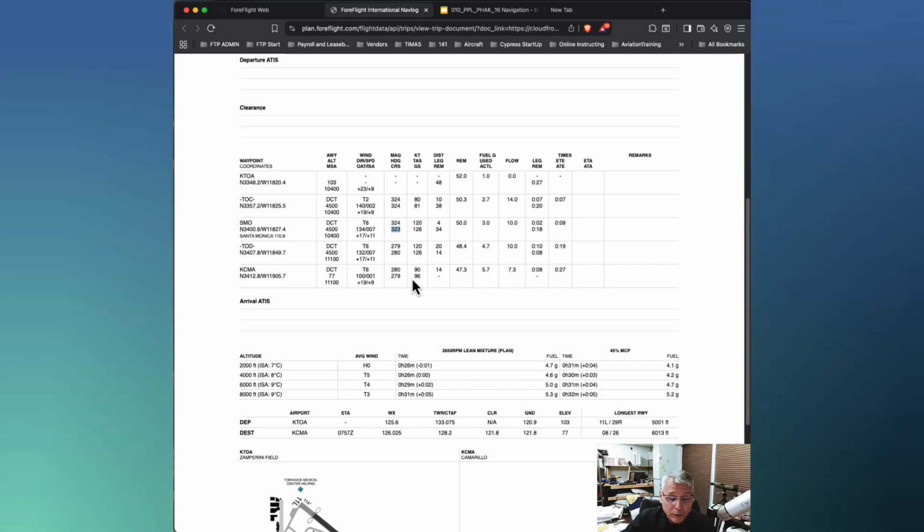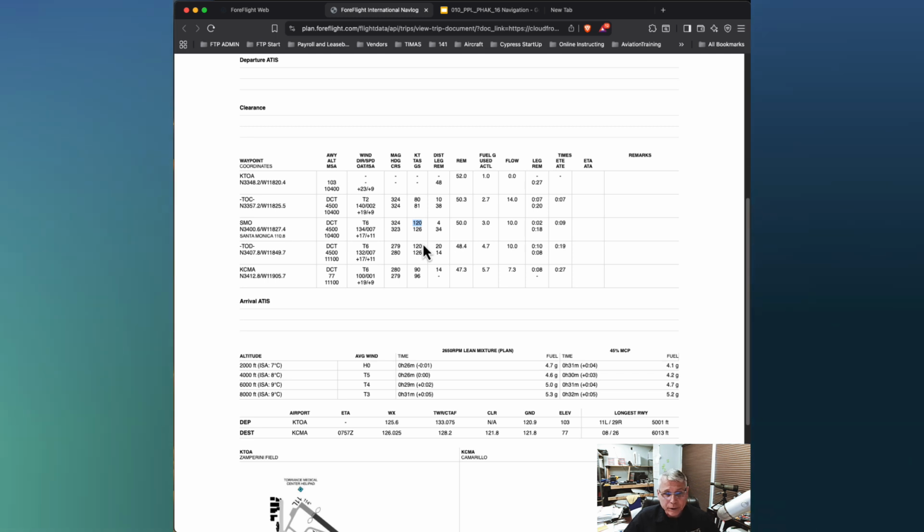Santa Monica at the top of descent, 324 to 323. Okay, the next column is going to be our speeds, our ground speeds and true airspeeds. True airspeeds are based on temperatures aloft, and true airspeed is simply the speed at which we're traveling through the air.